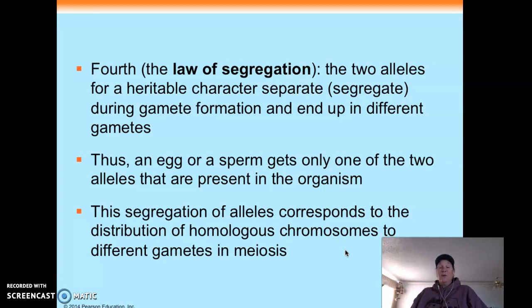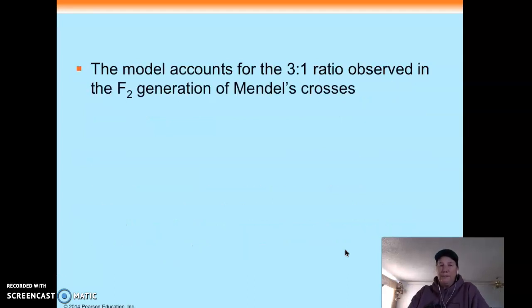Even though it's covered up, once you form gametes, half those gametes are going to have the recessive trait. So if it gets together with a recessive trait from the other parent, now you're going to show that trait. That's segregation of alleles: when you have characteristics, traits, genes, they separate when you form gametes.